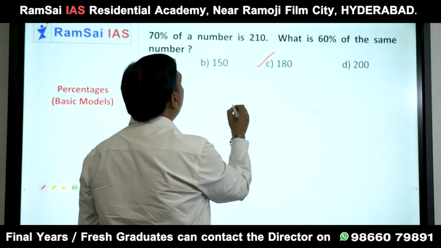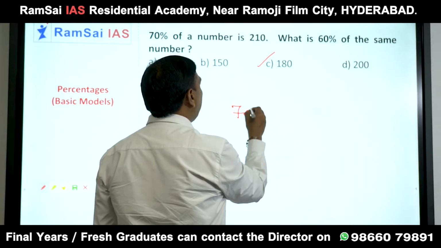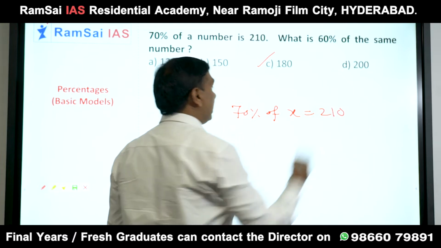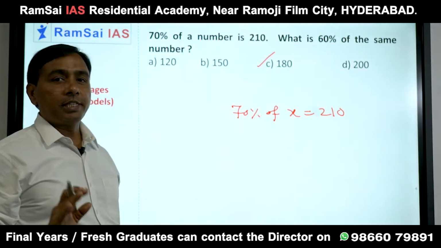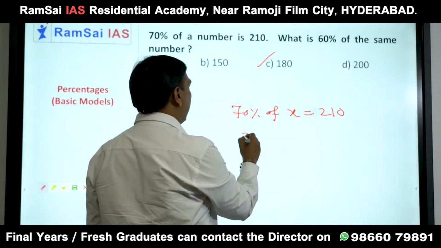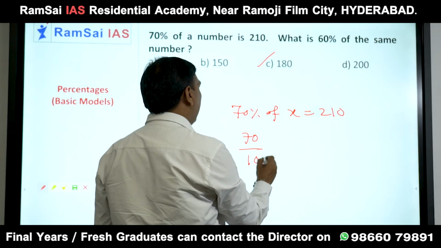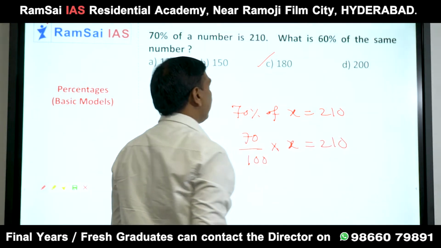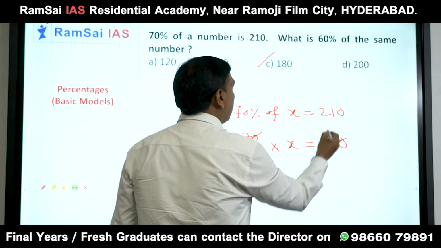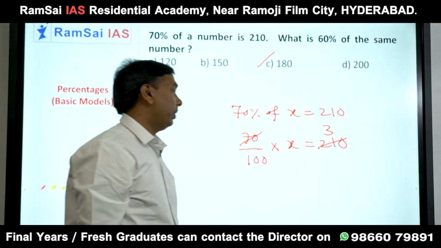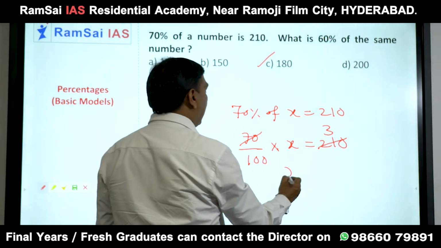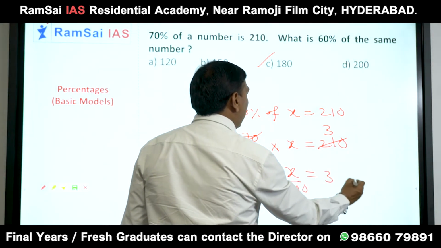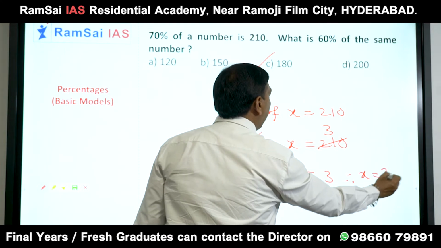70% of that number is 210. Let the number be x. 70% of x is 210. That means 70 by 100 into x is 210. 7 threes are 21. Therefore, x by 100 is 3. Therefore, x is 300.